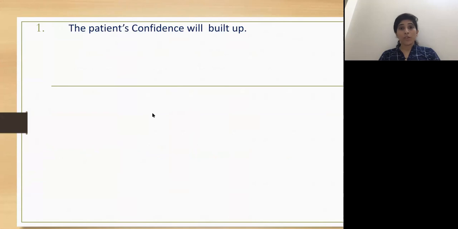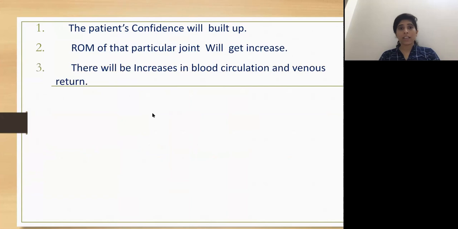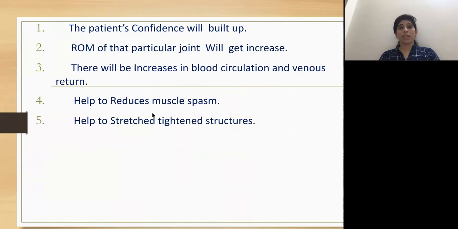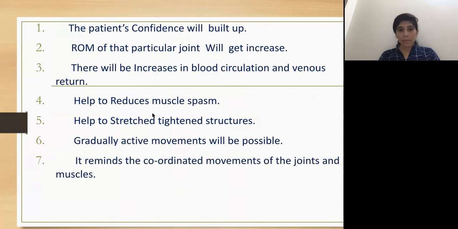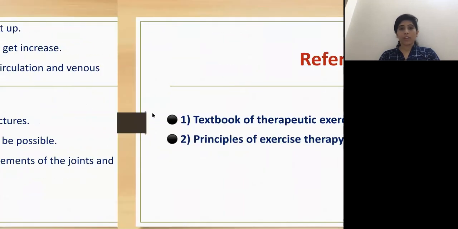So patient confidence will get built up, the particular joint range of motion will increase, there will be an increase in the blood circulation, it also helps to reduce muscle spasm, the tightened structures also will get stretched, then gradually active movement will also be possible, and of course the coordination of the motion will also improve.